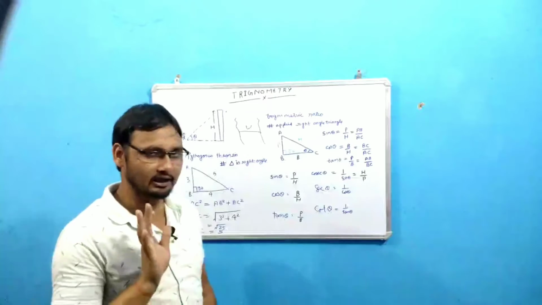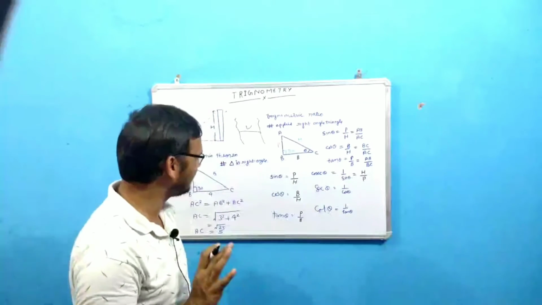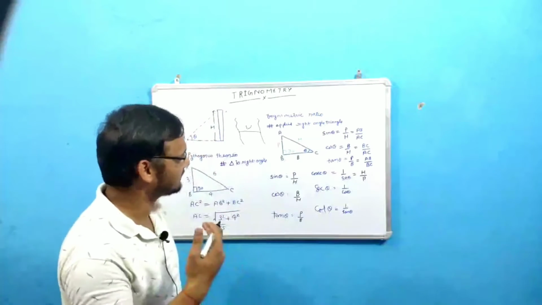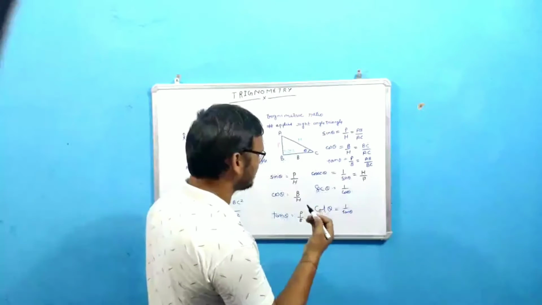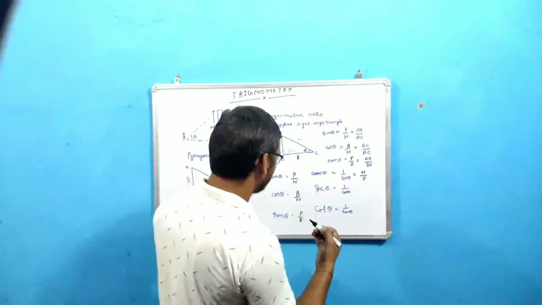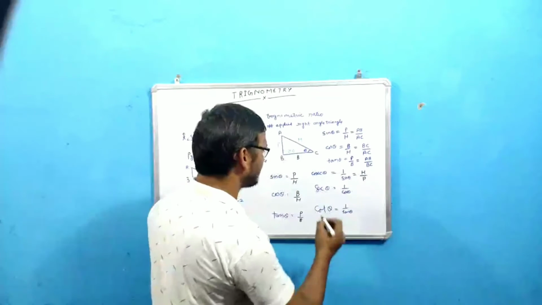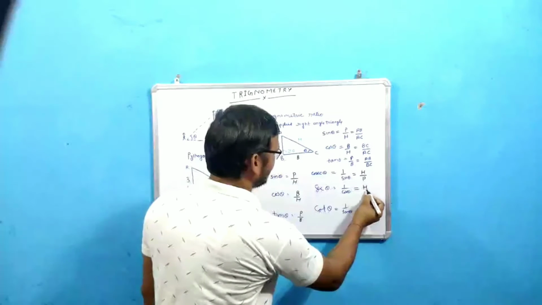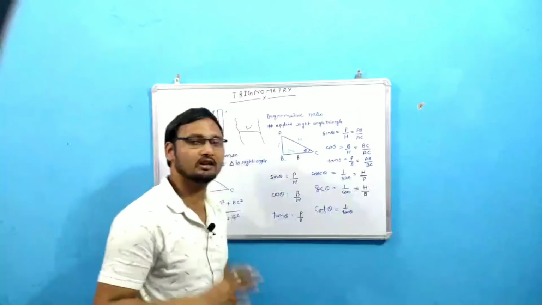Sec theta is the reciprocal of cos theta. Cos theta is b upon h, means base upon hypotenuse, and sec theta is hypotenuse upon base. Now, what is cot theta?